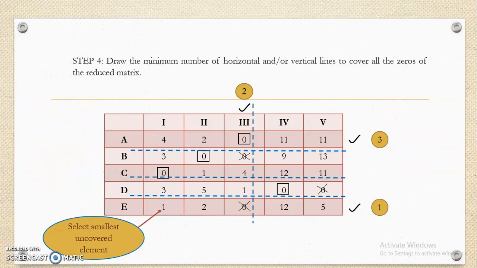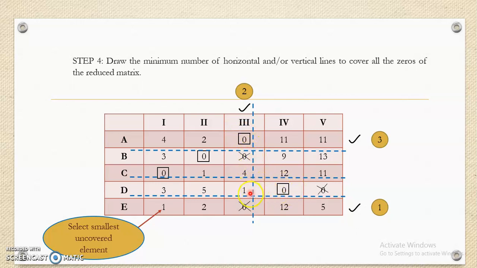On the same table we have to draw the minimum number of lines. So keep in mind how many lines: these are nothing but equal to the number of assignments. So if there is an MCQ in examination for how many lines are to be drawn to cover all the zeros, either crossed or assigned, they are equal to the number of assignments.